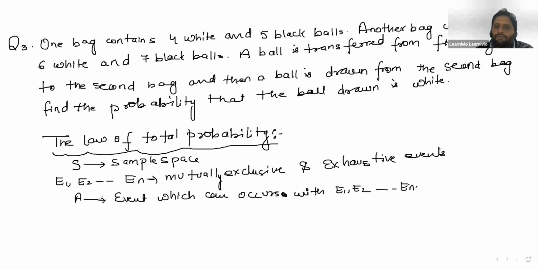So A is any event which can occur with any of these. I will give you an example. Atif, you have noted down this question, third one.